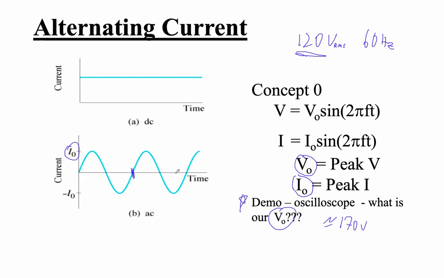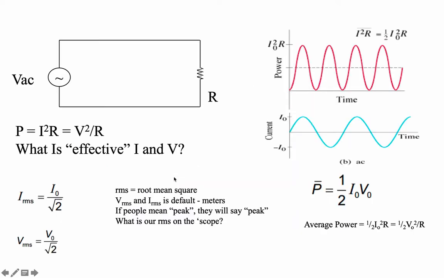Okay, let me try to explain this. Let's imagine that we have this current, right? If we're calculating the power, we would square this. Now convince yourself that this red line is this blue line squared. Every place that this is 0, that's 0. When this is a peak, if it's squared, it's positive.